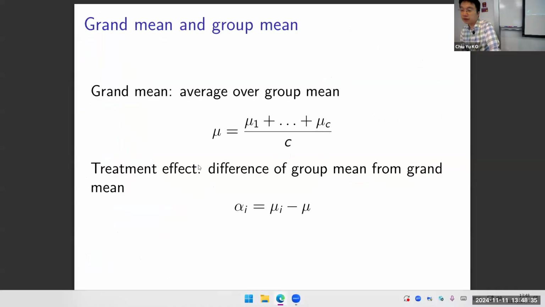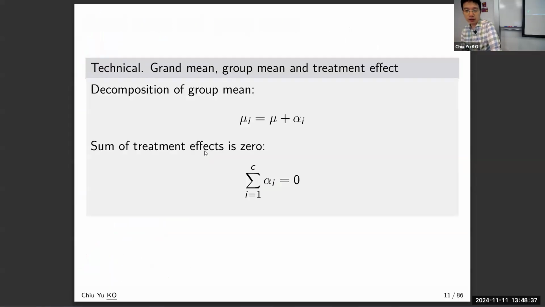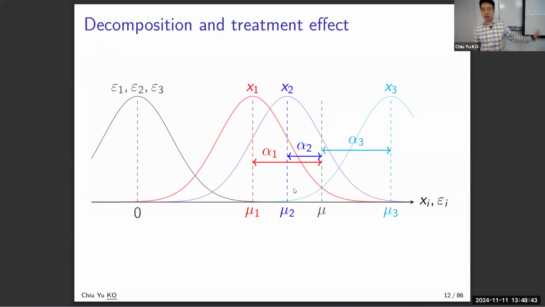Okay, so this is the treatment effect, that's what I said. The treatment effect must be 0, left and right, because of the mean. So this is a graph, as I showed: x1 is like this, x3 like this. You would make them all have the same epsilon, the random part, and this alpha 1, alpha 2, and alpha 3.